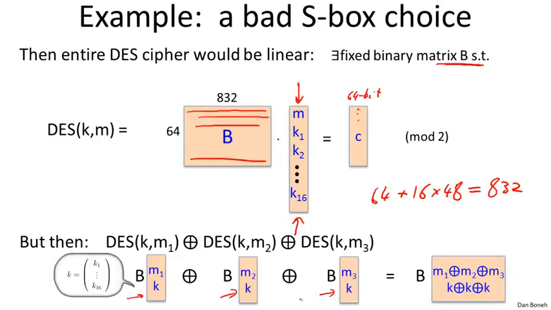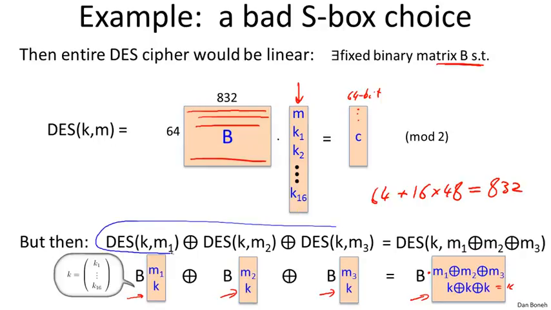We can take the B out of the parentheses, so we'd be basically doing B times this vector over here, but of course K XOR K XOR K, this is just K. And so if you think about what that means, basically we just got back DES of K at the point M1 XOR M2 XOR M3. But this means that now DES has this horrible relation that can be tested, right? So basically if you XOR the output of 3 values M1, M2, and M3, you'll get the value of DES at the point M1 XOR M2 XOR M3.